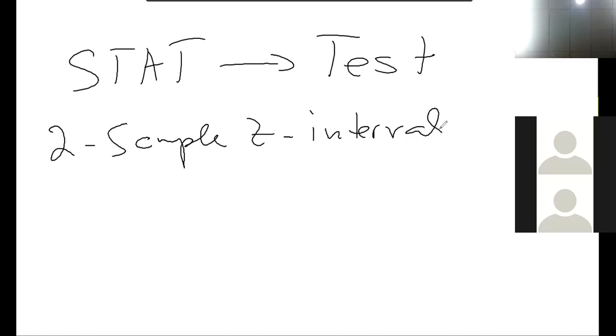If you know sigma, use Z. Otherwise, use T. Any question when you are using your calculator? With the calculator, you will want to choose statistics because you don't have to use data when you enter values in L1 and L2. So if you have a question, let me know.